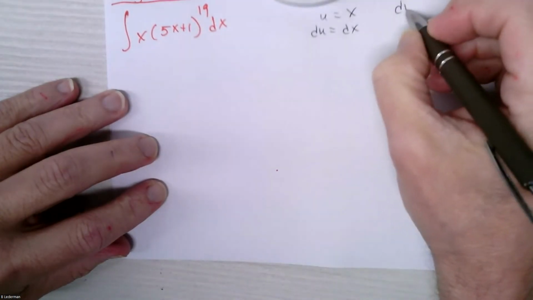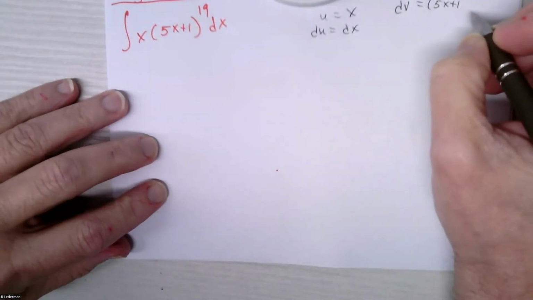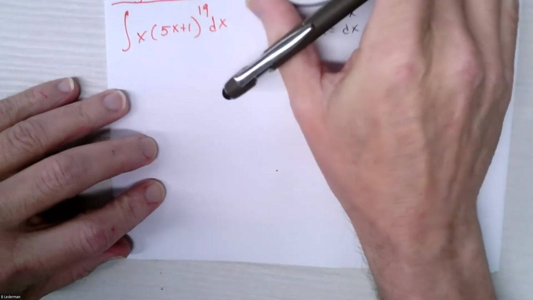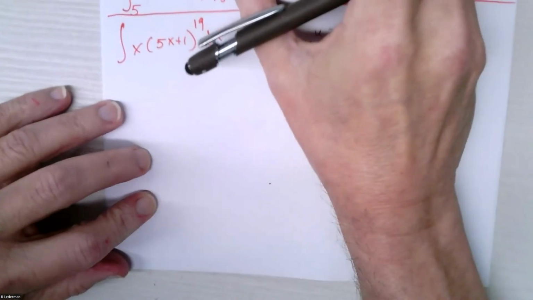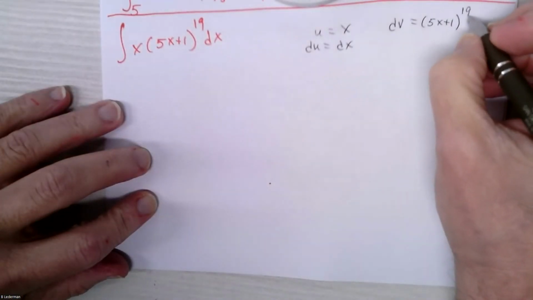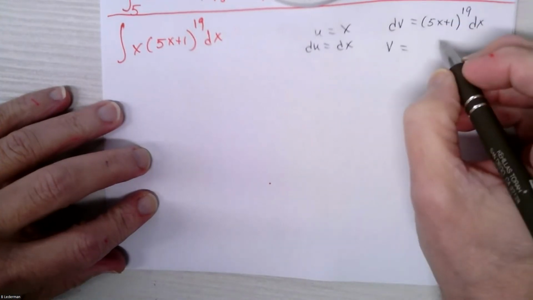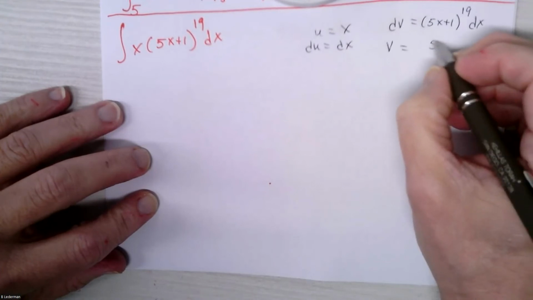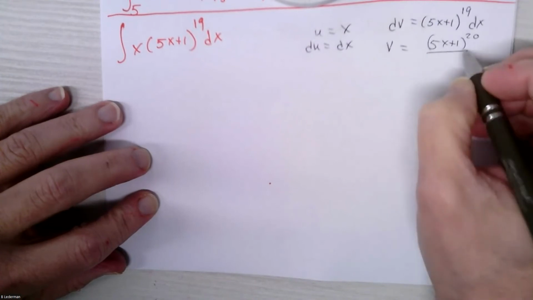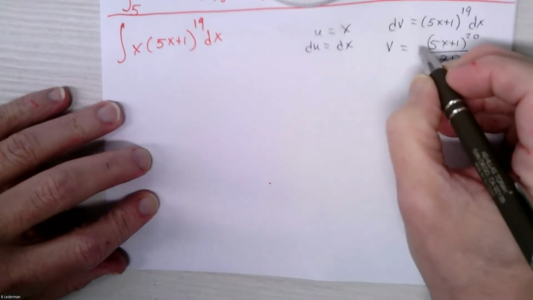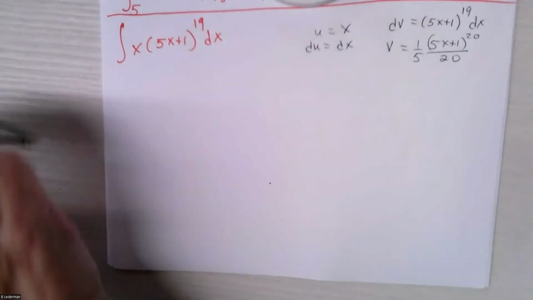And dv is going to equal 5x plus 1 to the 19th power dx. So v is going to be 5x plus 1 to the 20th power over 20, but because of that 5, I have to put a 1/5 over here.